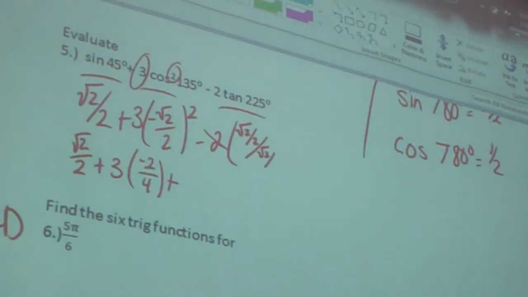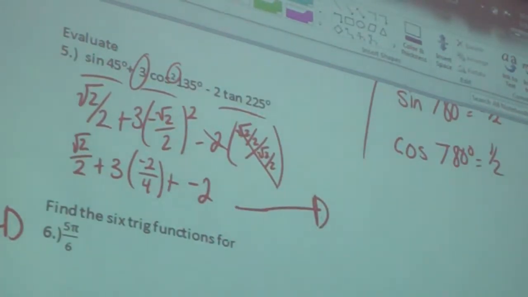This negative 1 will be minus 2 right there. The double negatives, yeah. The negative was already there. No, but on the other side. So it's plus 3. Square root of 2 over 2 plus 6 over 4 minus 2.